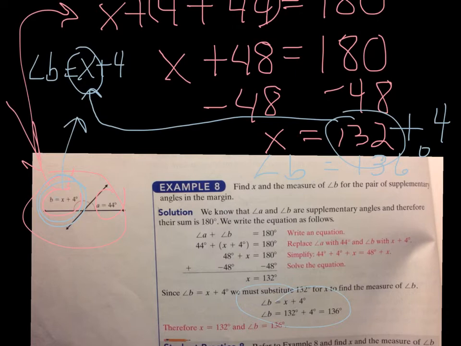But remember, the problem itself asks you to find x, so you need to give two answers there. You're going to have to give the value of x as well as the measurement for angle B in your answer. So again, x we found to be 132, and angle B in this example is 136 degrees.